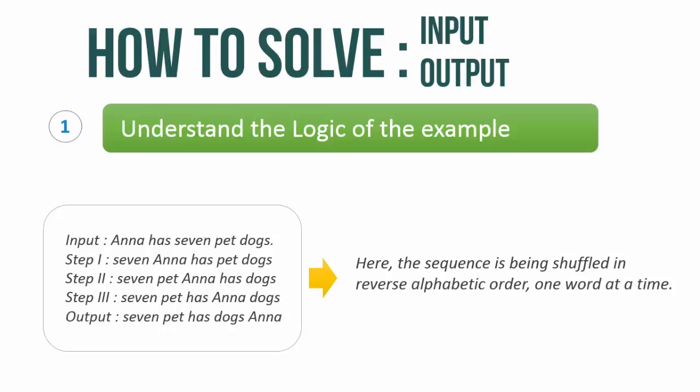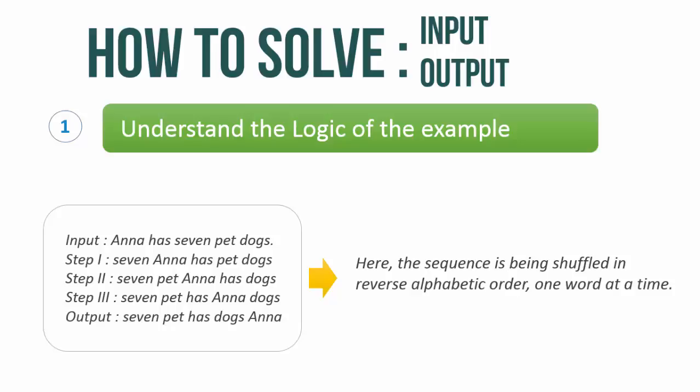In step 2, the word 7 is ignored, the other 4 words, that is Anna has pet dogs, is taken. And similarly, the last word that comes alphabetically is taken and put in the front. So, pet is taken and put in the front. And then your step 2 becomes 7 pet Anna has dogs.